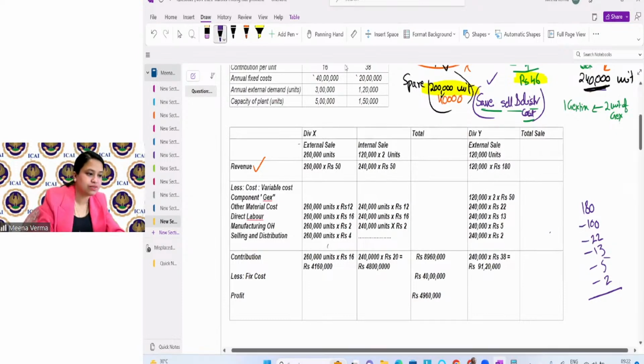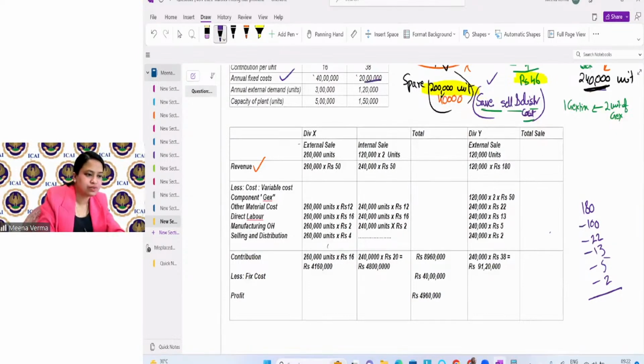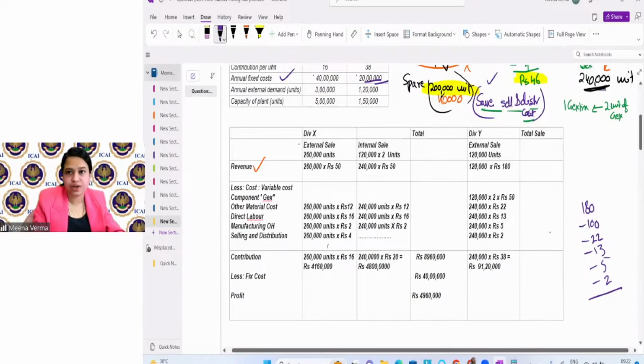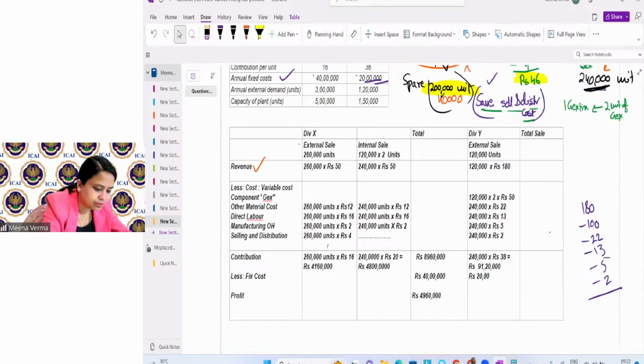You can see it is given here. The fixed cost for division Y is 20 lakh. I am writing it here. Fixed cost is what? Rupees 20 lakh. Okay. So this will be the fixed cost. And you will get the profitability here.